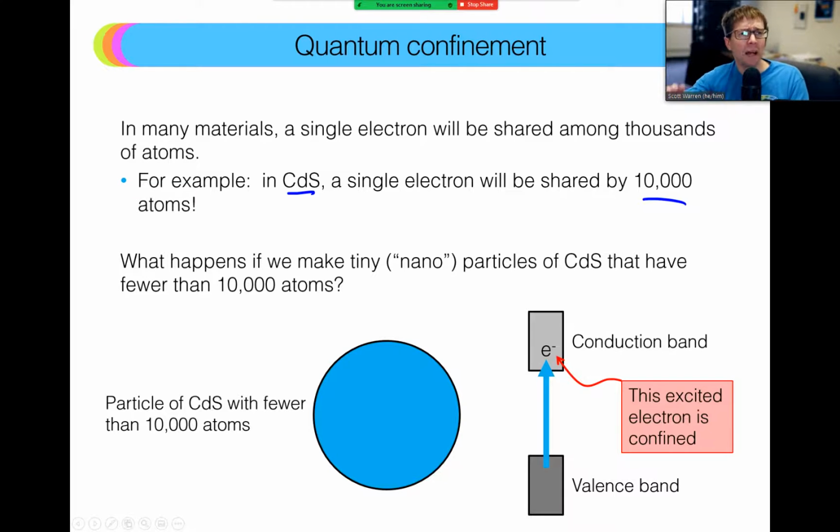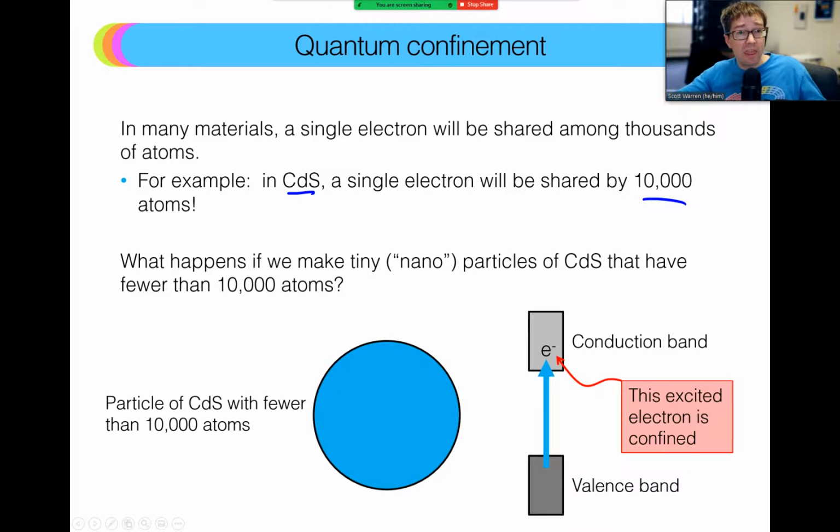Okay, so now what happens if we make really small particles? If we make really small particles that contain fewer than 10,000 atoms, that electron is not going to like it. That electron wanted to exist across many atoms, 10,000, but now there aren't that many.